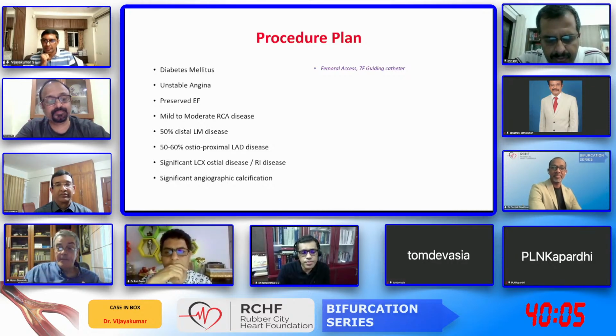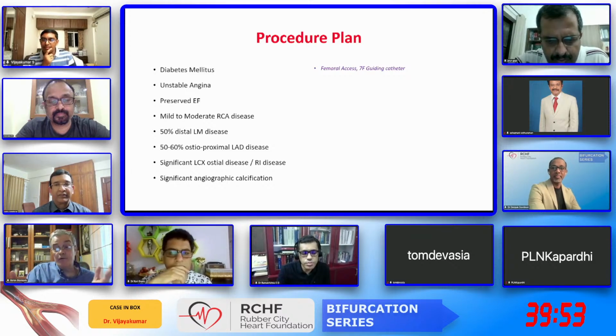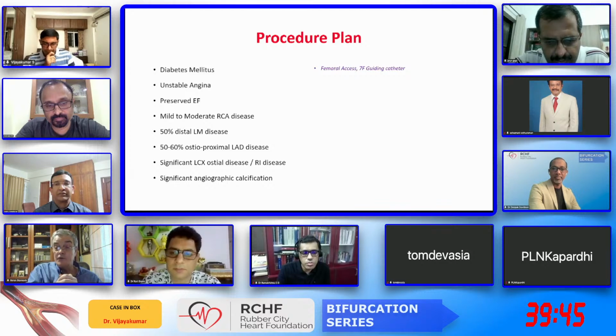Step number 1, in any case, for us, is the tightest and most angulated lesion first with the largest plaque burden, with or without imaging. Of course, there is always a big plus for imaging. For physiology, I'm not so sure, because a tight lesion at the ostium of the circumflex makes interpretation of FFR in the LAD obscure.